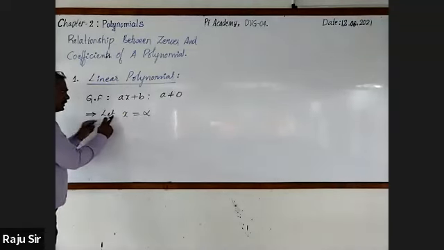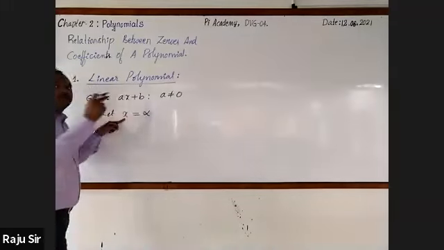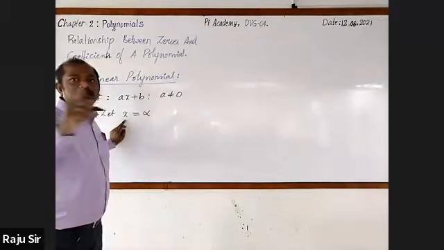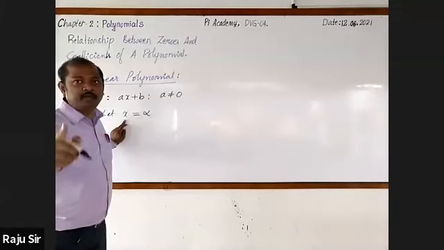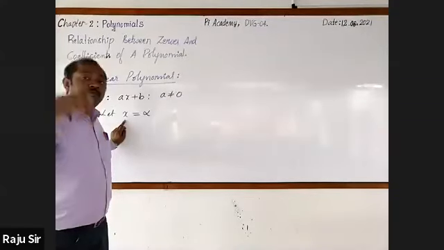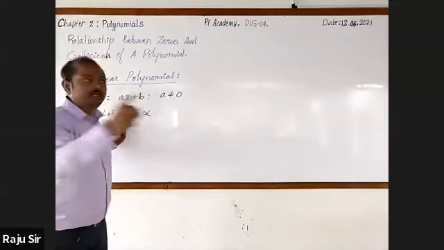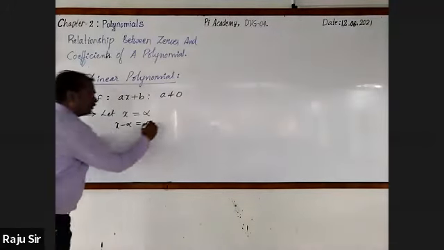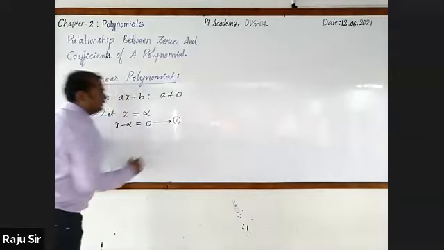So that is why I have taken x equal to alpha. Why have we taken alpha only? Because it is a linear polynomial. A linear polynomial has 1 zero, that is alpha. If 2 zeros are there, alpha and beta. I have already explained that. Next, take alpha to the left hand side. x minus alpha is equal to 0. You may call this statement 1.